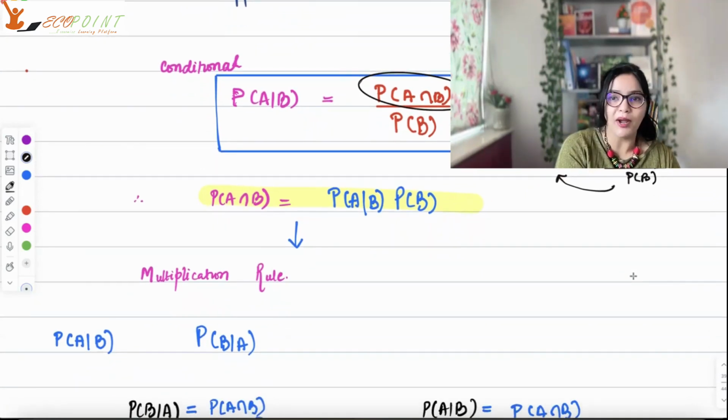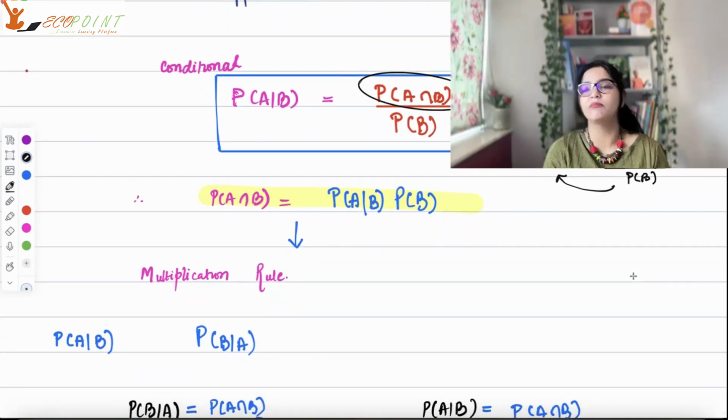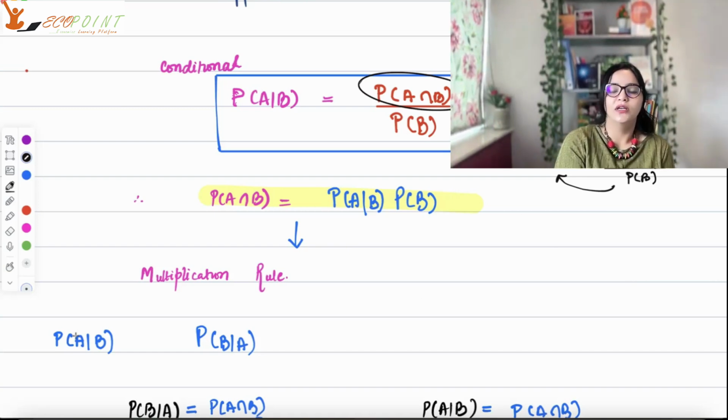Now the most interesting part, which leads us to Bayes' theorem, is that this intersection could be found from either of the conditionals.